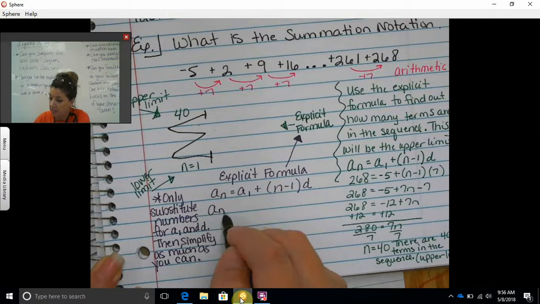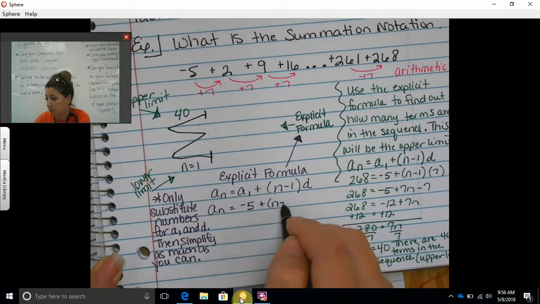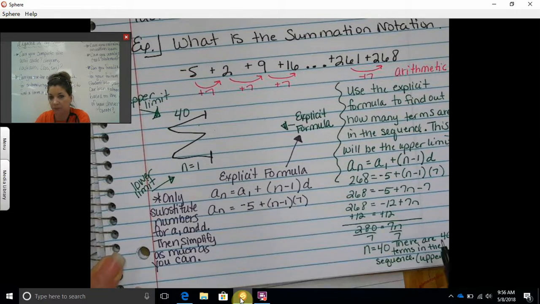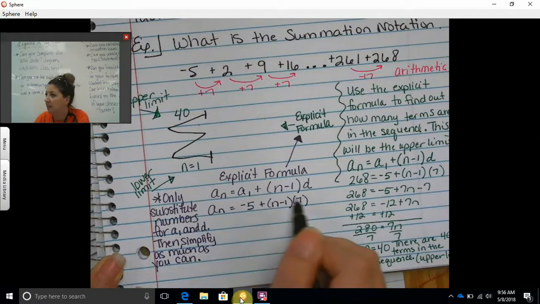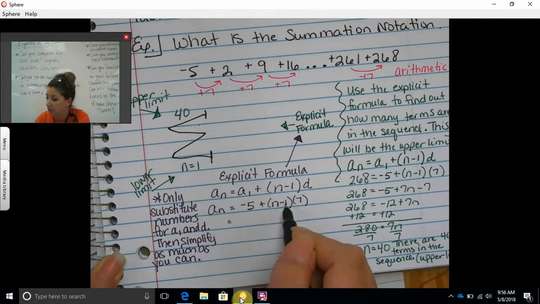So a sub n equals, my first term's negative 5 plus n minus 1 times 7. Now you're just going to simplify that as much as you can. So again, I'll distribute that 7. So negative 5 plus 7 times n is plus 7n, and then minus 7.